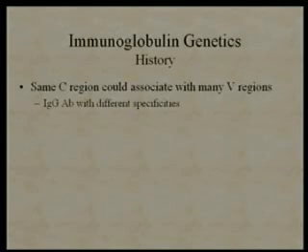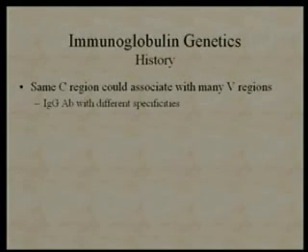The same constant region could be associated with many variable regions. So, for example, you could find IgG antibodies that had a lot of different specificities. The same constant region that determined a gamma 1 or a gamma 2 or a gamma 3 could be associated with a lot of different antibody specificities.